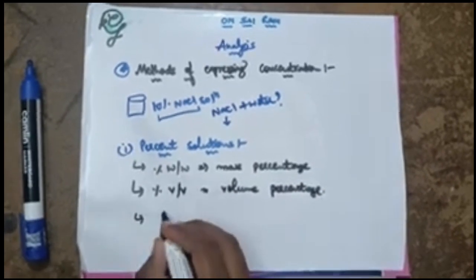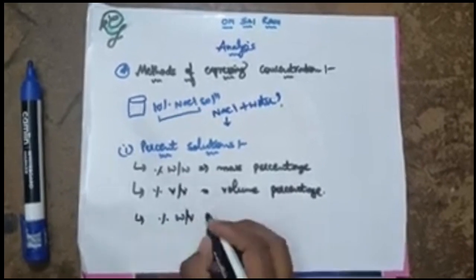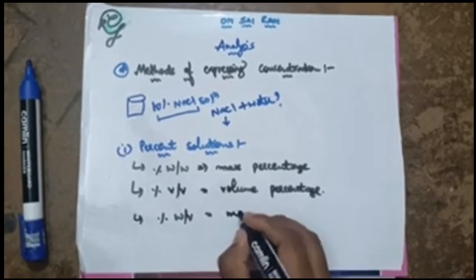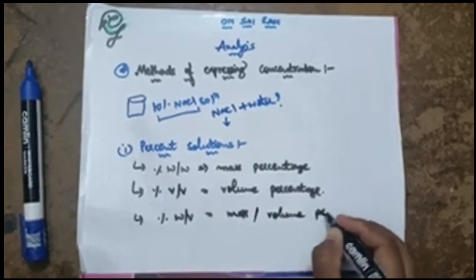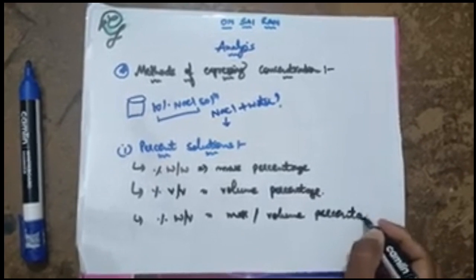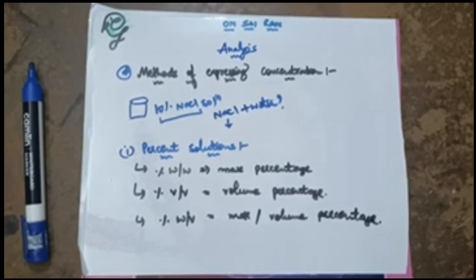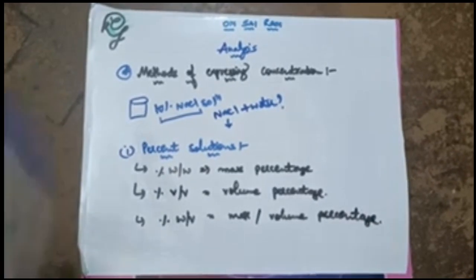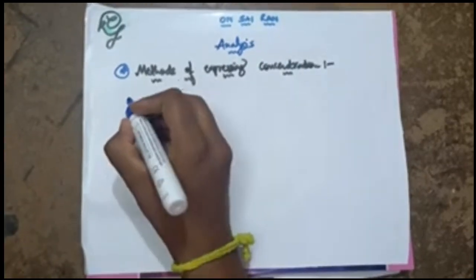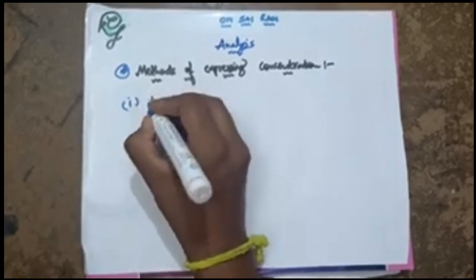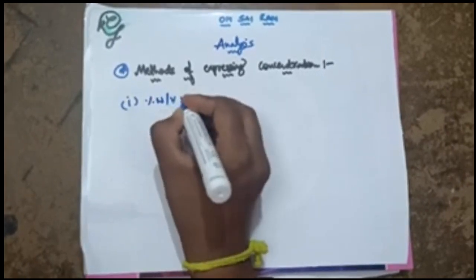And the last but not the least is percentage weight by volume, that is mass by volume percentage. So let's see each of them now. Let's see the first one, percentage weight by volume.